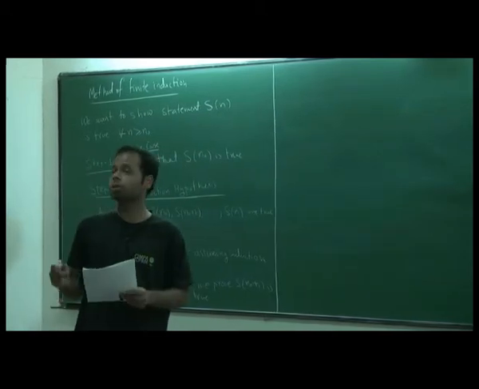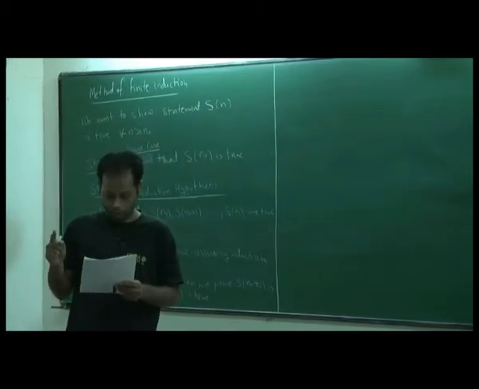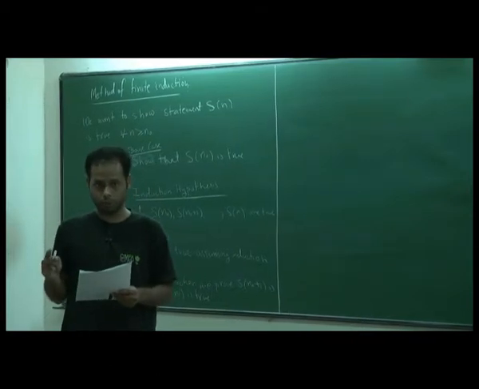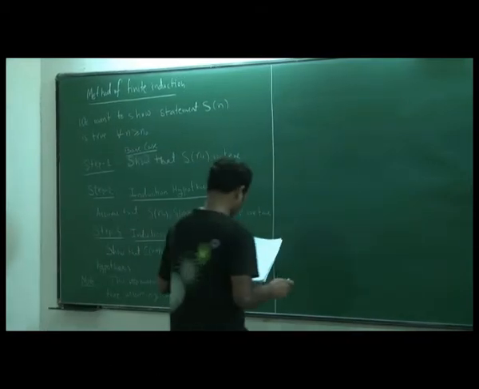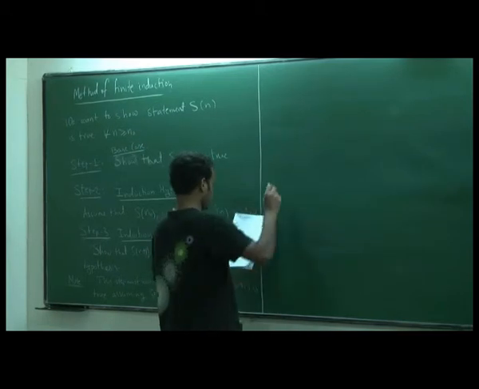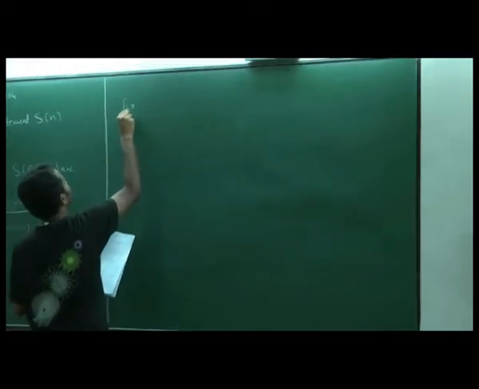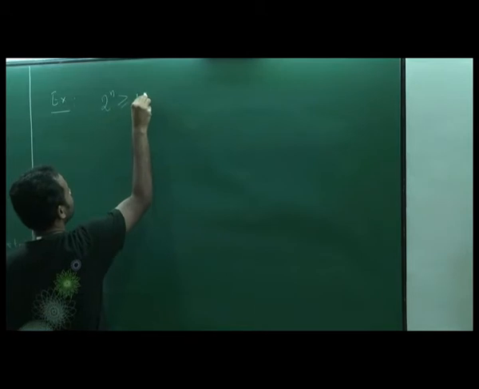Now I'll do an example, and then I'll give you an example to do on the board. We'll do some exercises from that sheet. I'll do this one: 2 power n is greater or equal to 1 plus n.